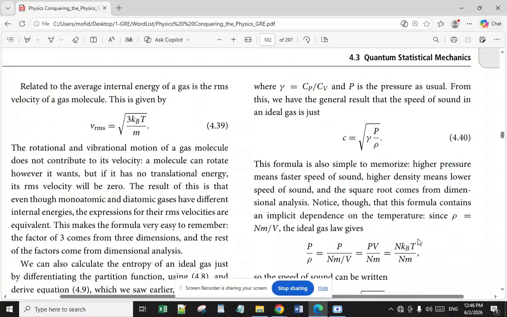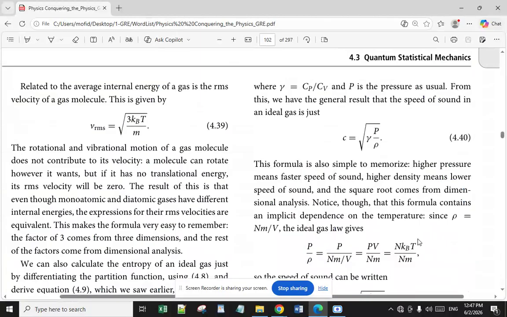Related to the average internal energy of a gas is the RMS or root mean square velocity of a gas molecule. This is given by v_rms equal to the square root of 3 k_B T divided by m. The rotational and vibrational motion of a gas molecule doesn't contribute to its velocity. A molecule can rotate however it wants, but if it has no translational energy, its RMS velocity will be zero.